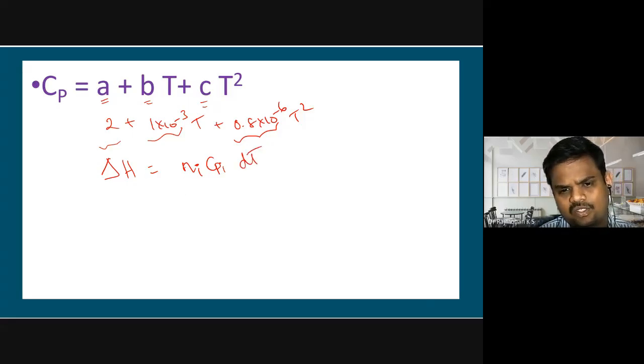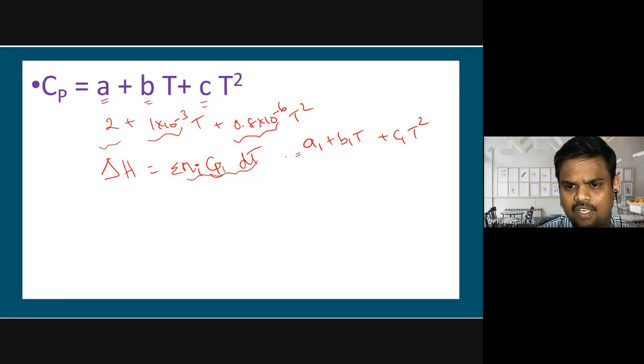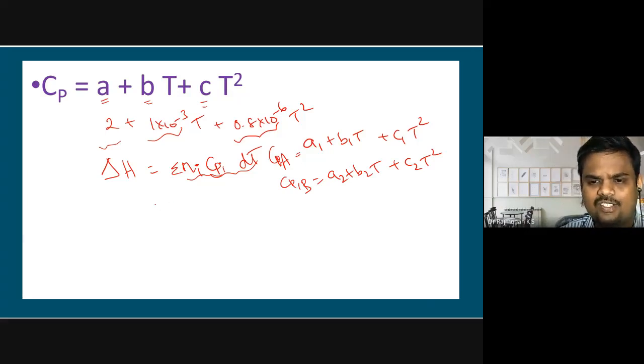Okay, so it can be the summation of Ni Cpi dT, because Cp is a function of temperature and we know the components. Let me say that A1 plus B1T plus C1T square is the Cp of component A, and the Cp of component B is given as A2 plus B2T plus C2T square.